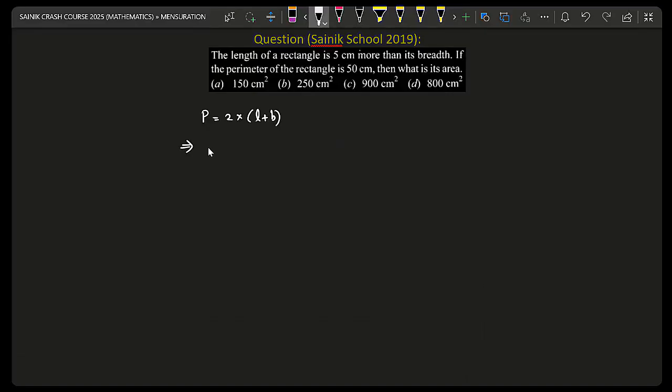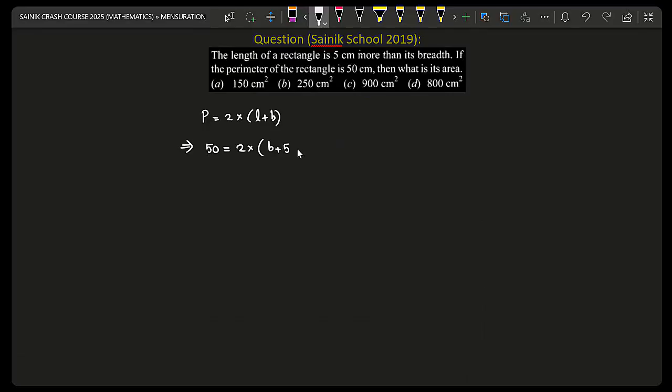Okay. So perimeter, how much? Sir, the perimeter is equals to 50 centimeters. Yes. 2 into b plus 5 plus b. Length is 5 centimeters more than breadth, so length we can write b plus 5. Very good.